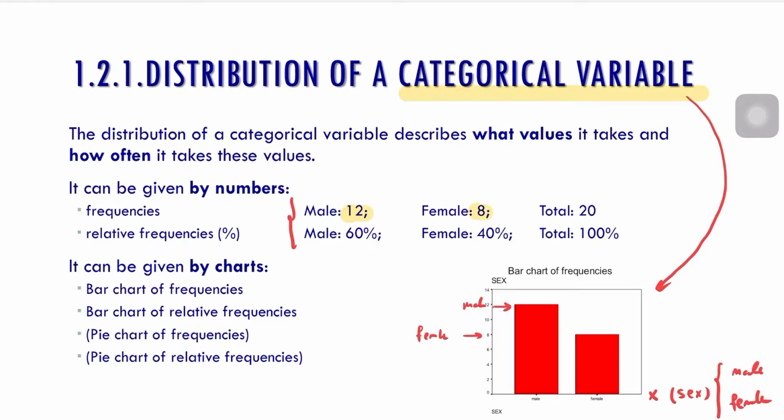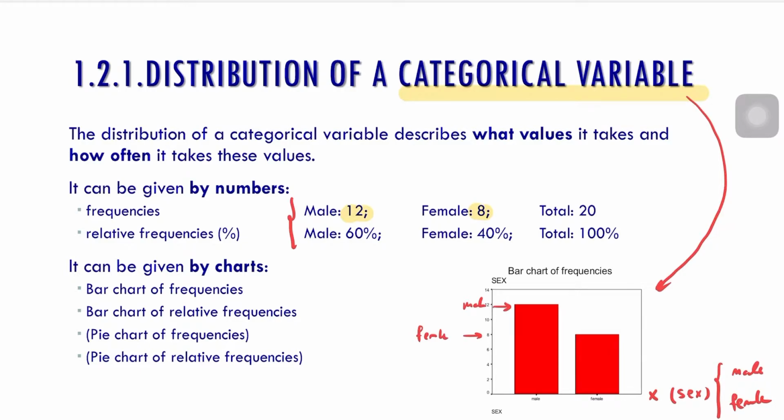It's very important. Usually we show the categorical variable in the x-axis, and in the y-axis we can show the count, the relative frequency, the percentage, or anything in this table.